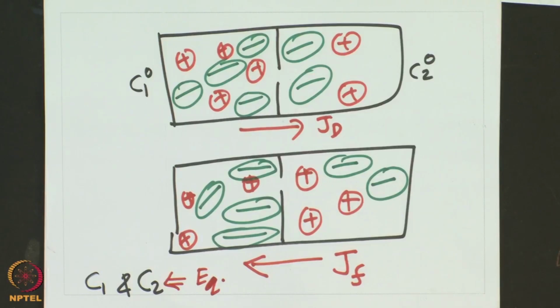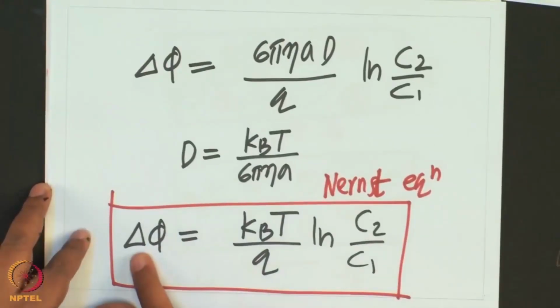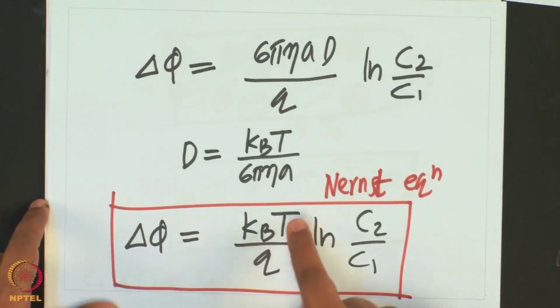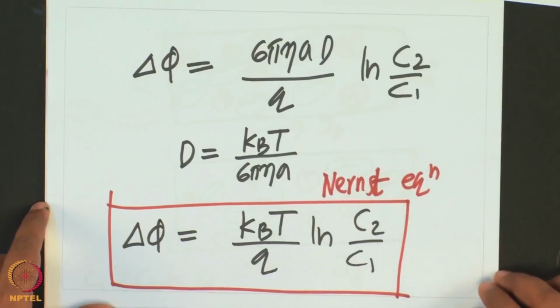So, there will be a potential difference at equilibrium. These flows will keep going, and this develops a potential difference, which is the delta phi that we have, because the system will not be electrically neutral.